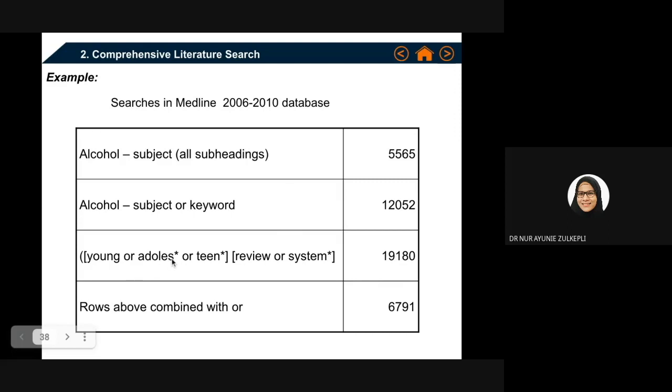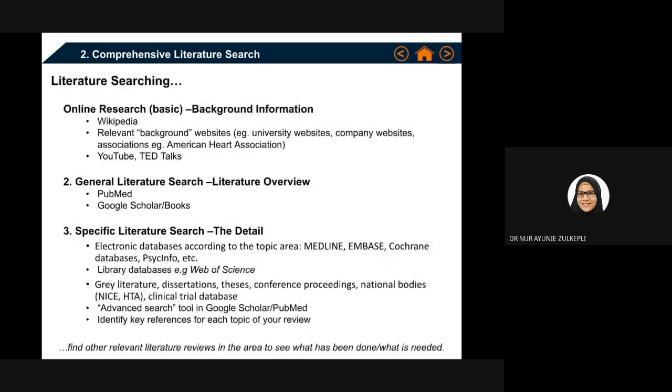Young or adolescent or teen, bracket review or systematic, about 19,000, and the rows above combined with OR, so exclude. So there's an exclusion here. From this 19,000, it will generate only 6,000. Okay, it's excluded. That is the exclusion criteria. It depends on the keywords for your topic that you want to exclude. Let's say you want to exclude X, so you exclude X, and you want to include A, so you include A. It depends on you yourself.